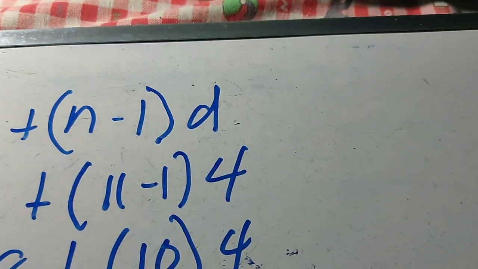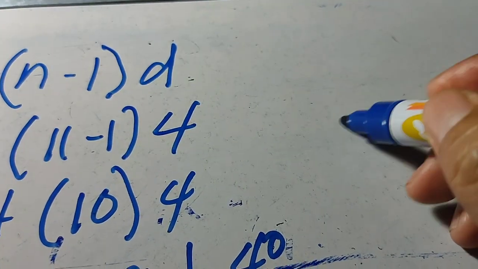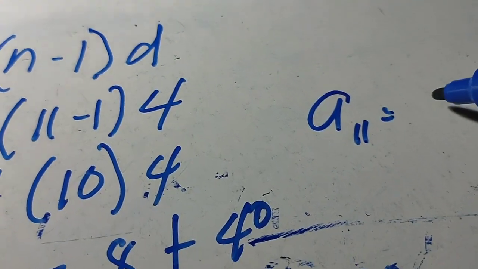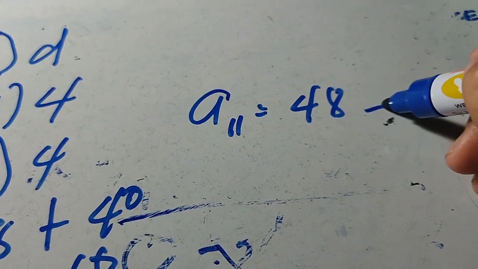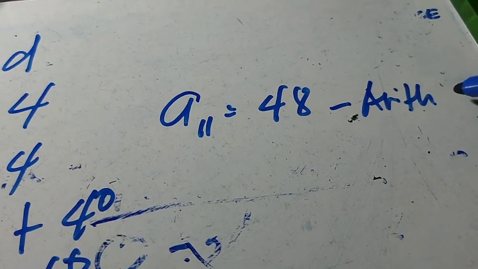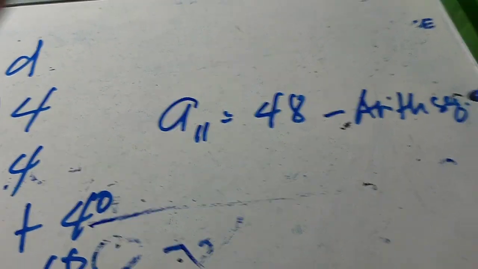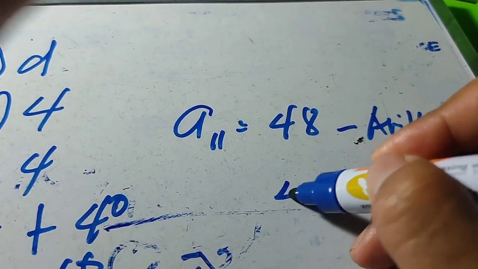So, what is the reciprocal of 48? Since our a sub 11 is 48, that is for the arithmetic sequence, because we use the arithmetic sequence process. So we'll look for the reciprocal of 48.